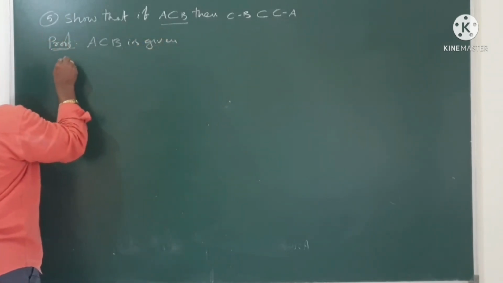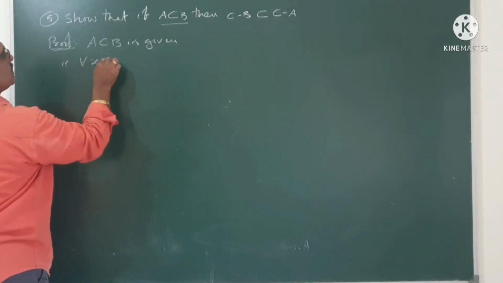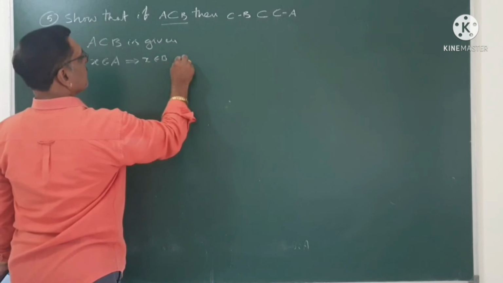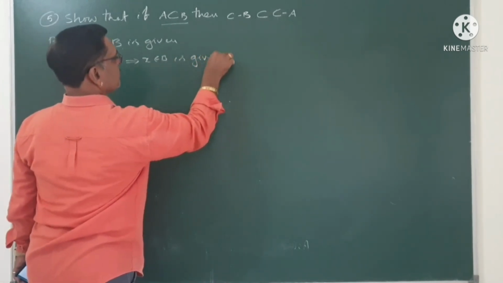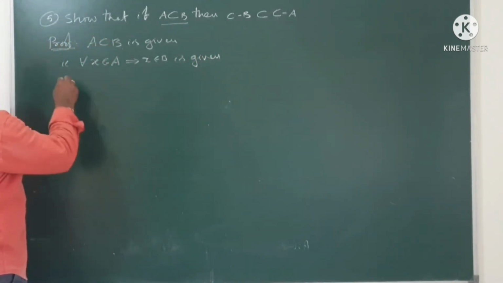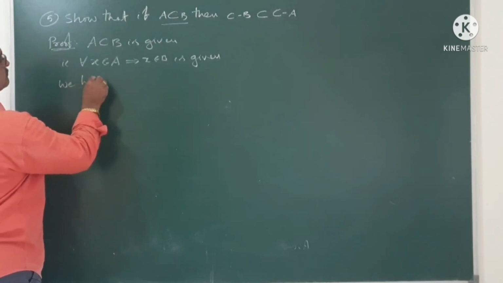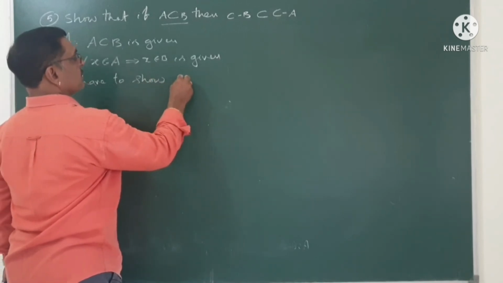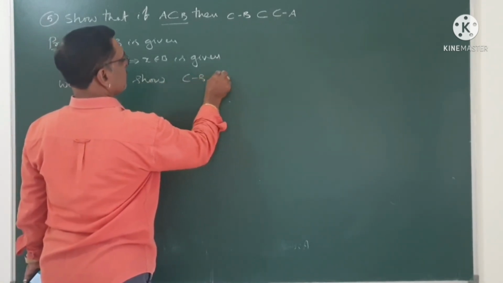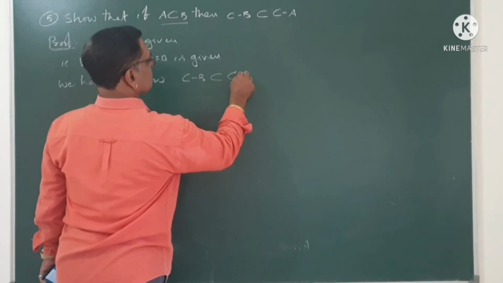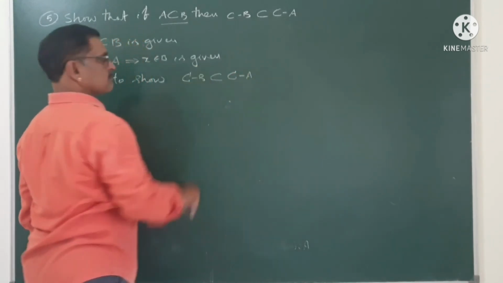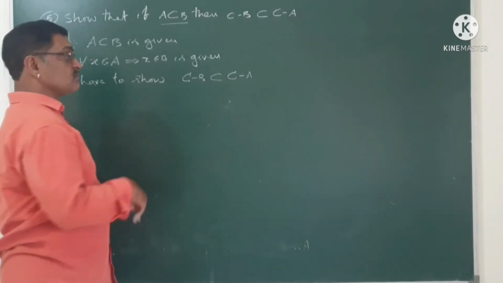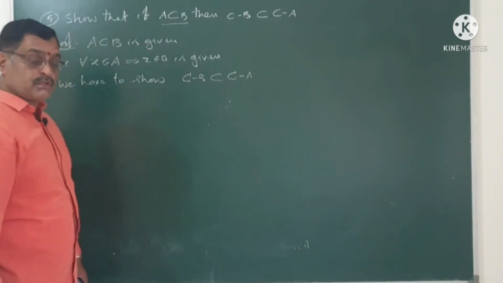That means for all x belongs to A implies x belongs to B is given. We have to show C minus B is a subset of C minus A. That means if you get an x in C minus B, it must belong to C minus A also.